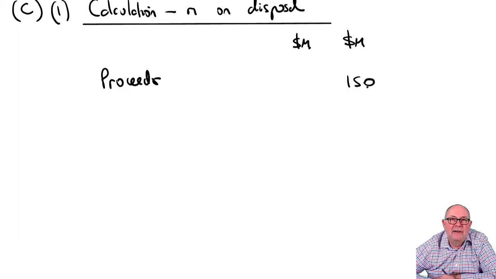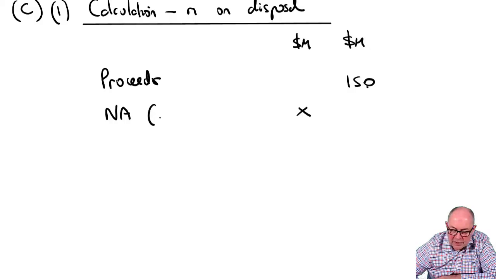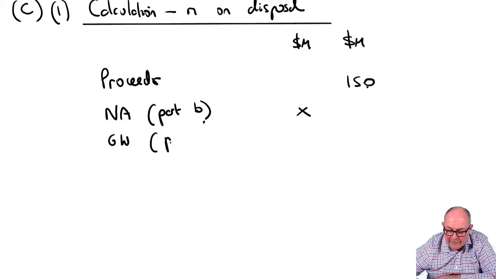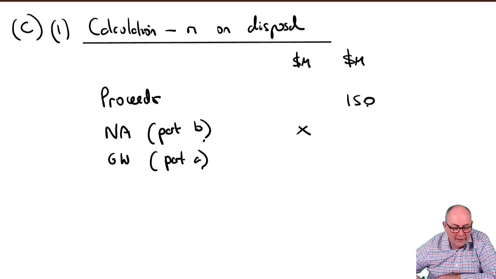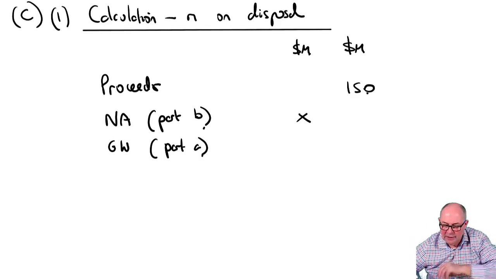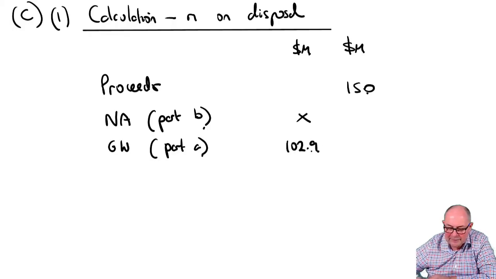You then have to compare it, don't you, to three things. You want the net assets of the company on the date of disposal. We worked those out in Part B, if you finished Part B. We also want the goodwill, the existing carrying value, and we've definitely got that in Part A. If I remember, in Part A, I think that was 102.9.